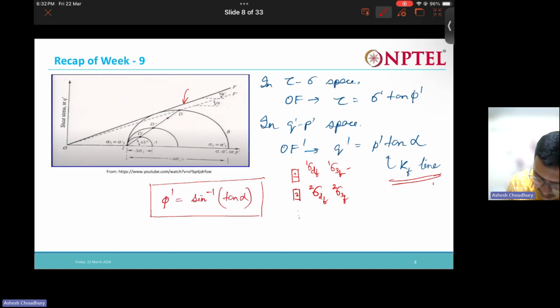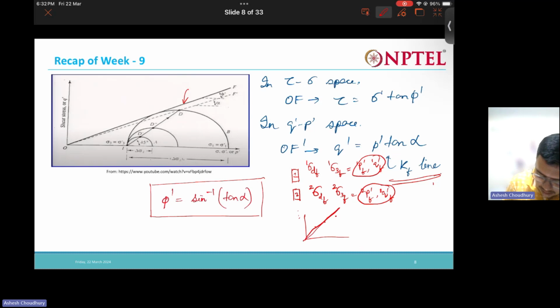From here I can get one pf and one qf, and from the other test another pf and qf. So this will give you 1 point, this will give you another point, and one more point you can get like this.